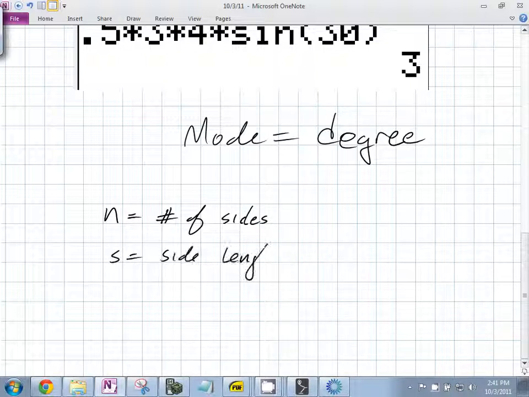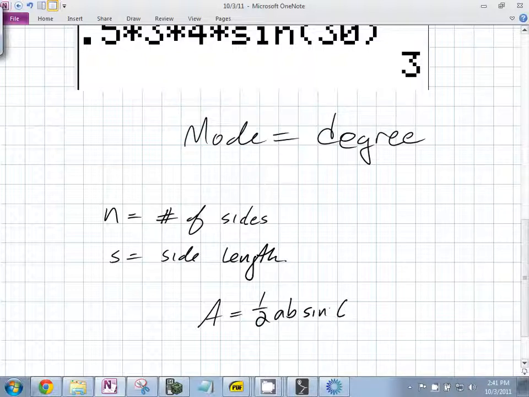Area is 1/2 AB sine of theta. So the formula I want you to come up with only has n and s in it. See if you can come up with an area formula for the regular n-gon with n sides and s being the side length.